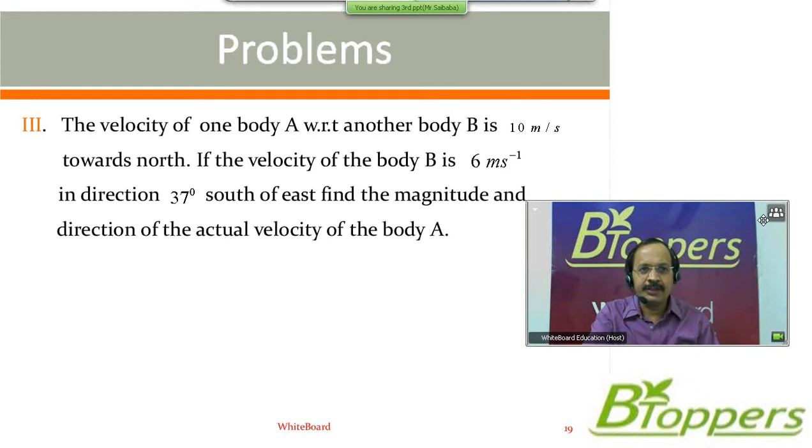The velocity of one body, capital A, with respect to another body, capital B, is 10 meter per second towards north.